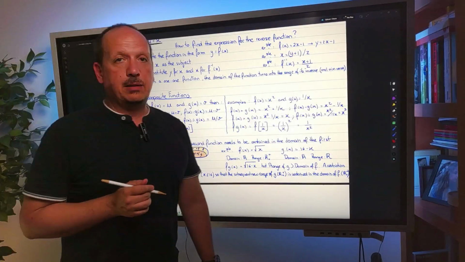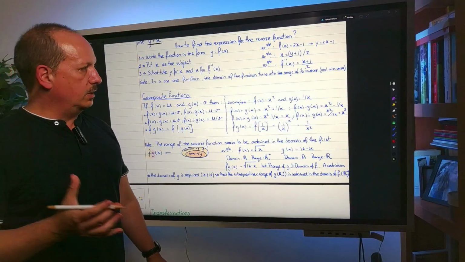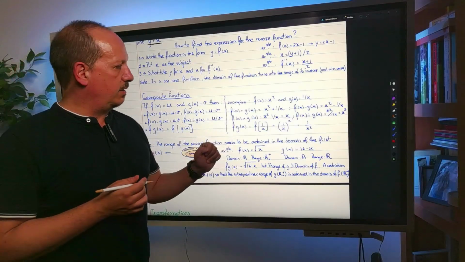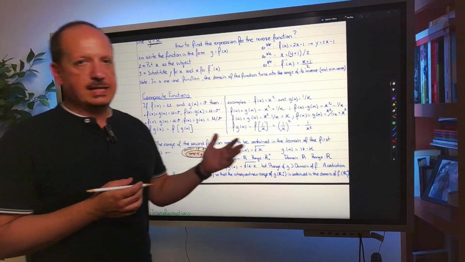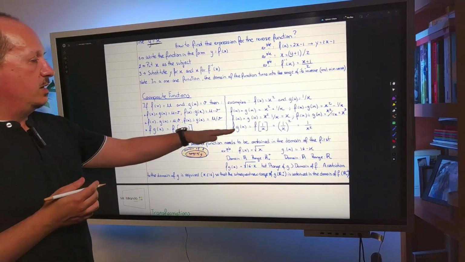Again, I have a few examples in my exercise lessons, so take a look at them for you to gradually understand how this works and to grow in complexity about questions on composite functions.